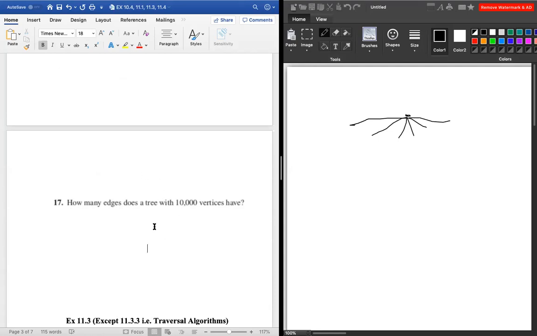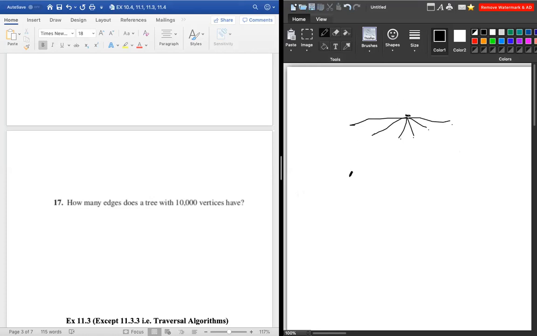So here the general rule is about the number of vertices. For example, if we take a look at this graph, we have 1, 2, 3, 4, 5, 6, 7 vertices. But if we look at the number of edges, we have 1, 2, 3, 4, 5, 6.